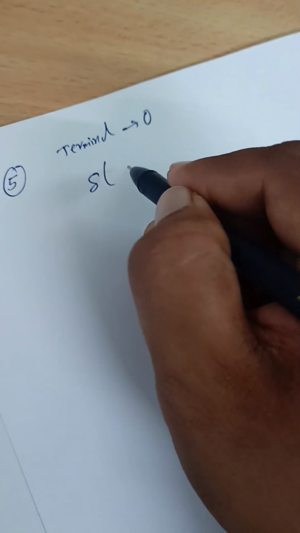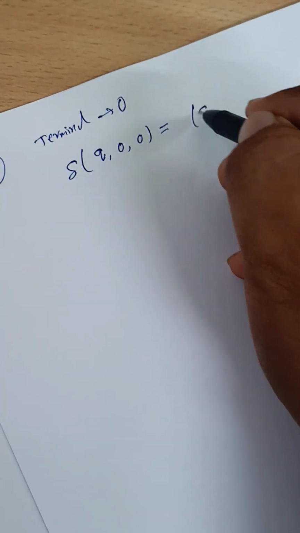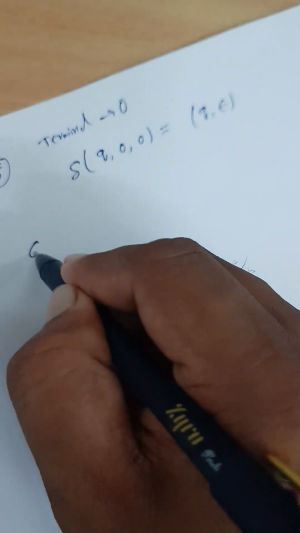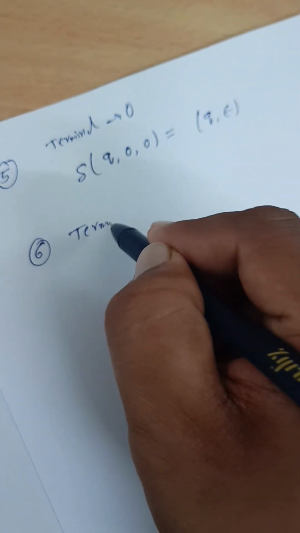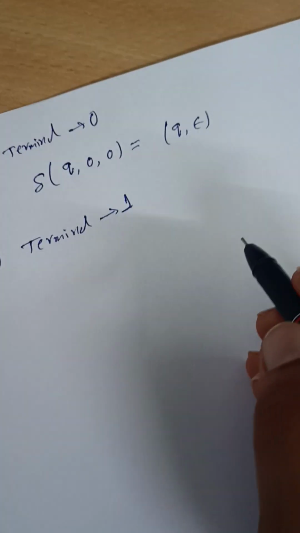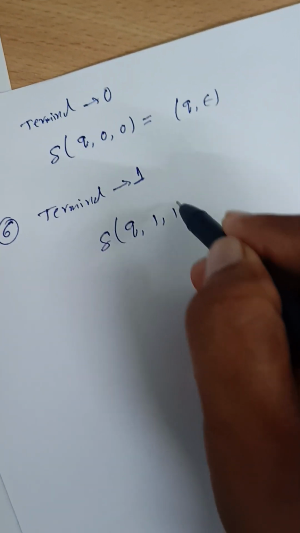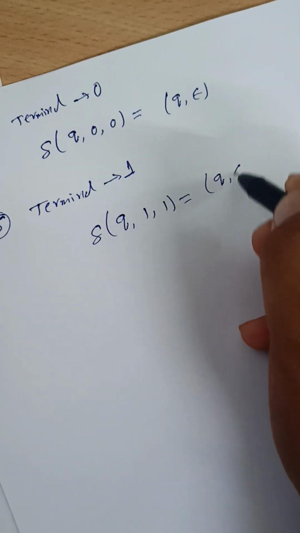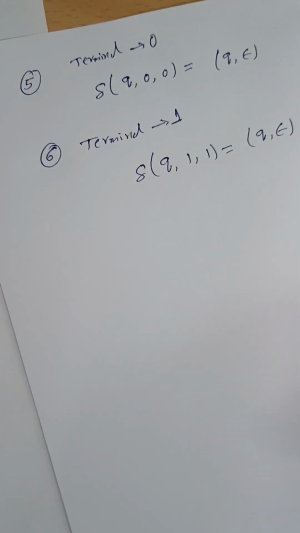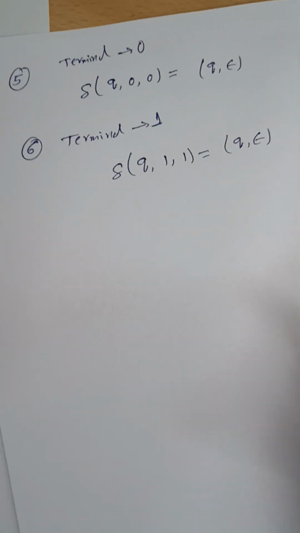Here the terminal symbol is 0, so we write delta of q comma 0 is equal to q comma epsilon. Another terminal is 1. For terminal symbol 1, we write delta of q comma 1 is equal to q comma epsilon. This is the conversion of CFG to PDA.